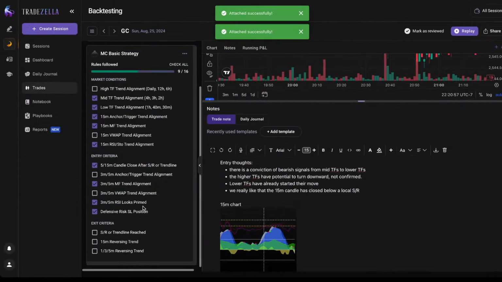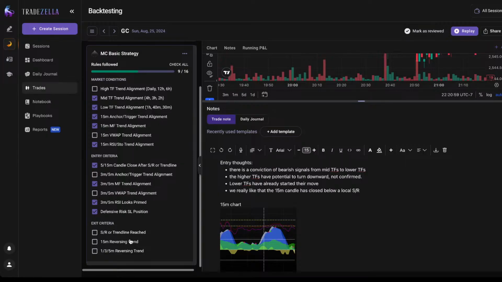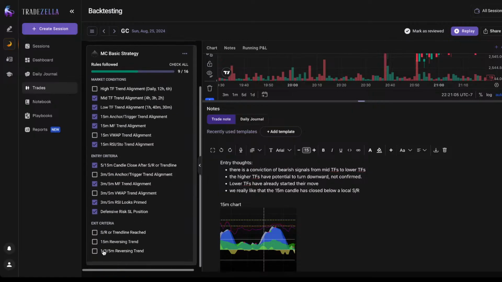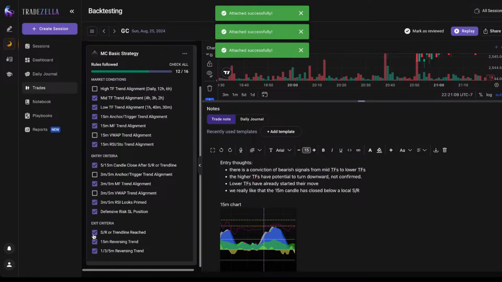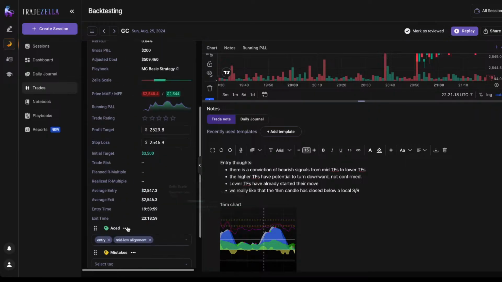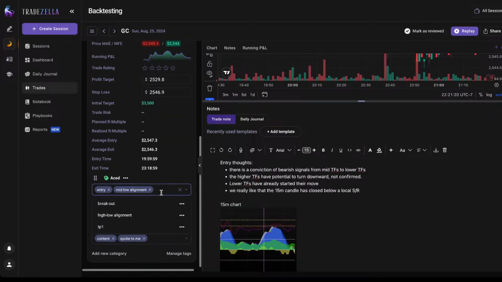All right. What is this? Yeah, we got out of this because we were getting some reversal action, and we reached a support. So we exited. That's a fantastic exit. Aced exit.